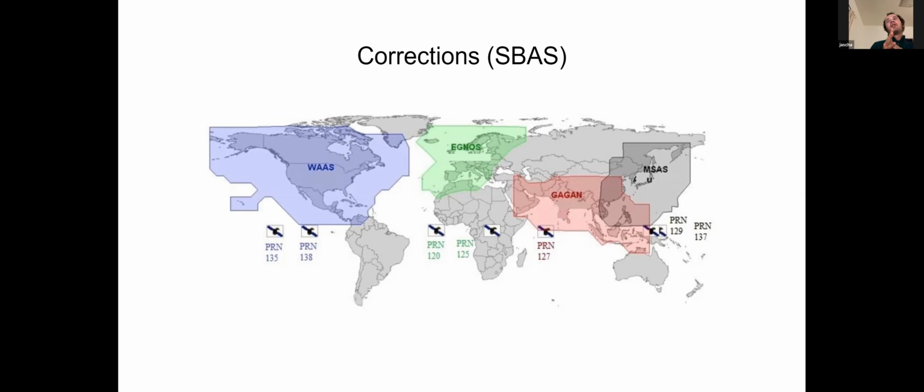So we get the GPS satellites up there, we start getting in data, and we look at it and see we have these atmospheric problems, and we need some information for correcting. So what does a correction mean? This is a satellite-based augmentation system.